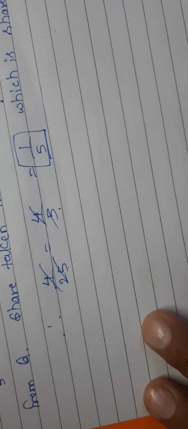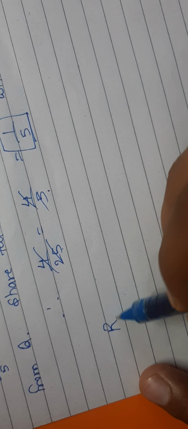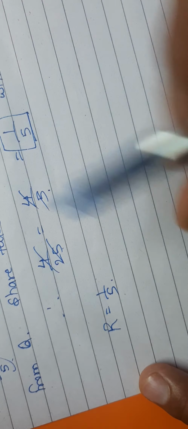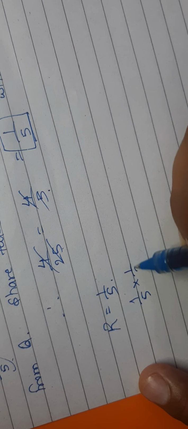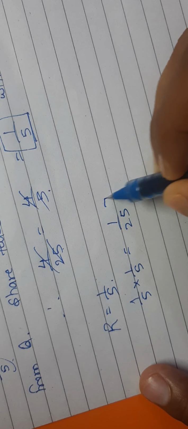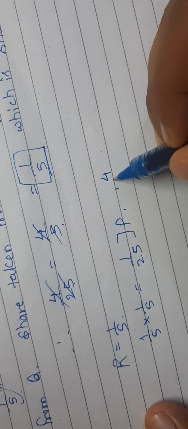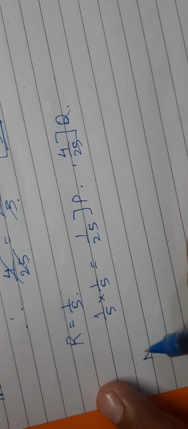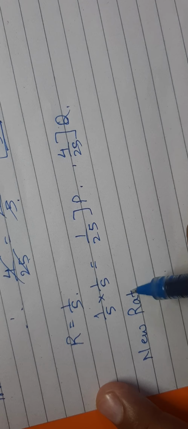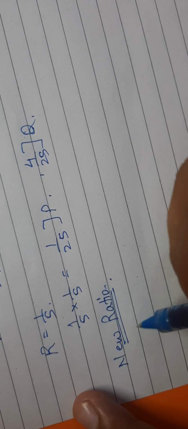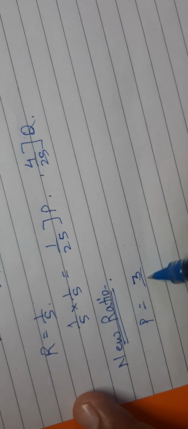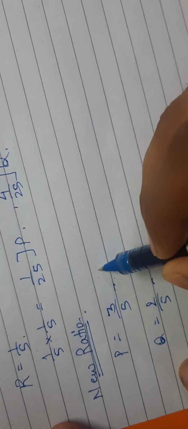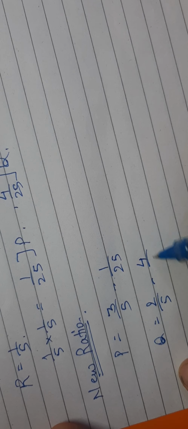Now you can solve it very easily, because you know that the share of R is 1/5, and he took 1/5 of his share from P. So 1/5 into 1/5 becomes 1/25, that is taken from P, and 4/25 is taken from Q, which is already given in the question. So now you have to calculate the new ratio only. The old ratio of P is 3/5 and Q is 2/5, and the share given by them is 1/25 and 4/25.